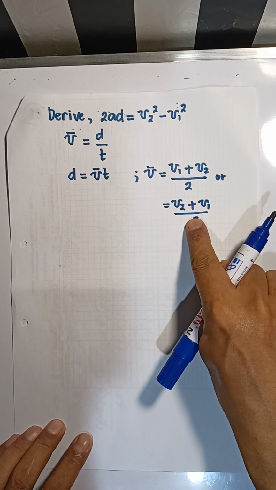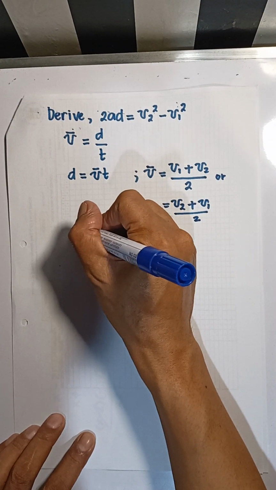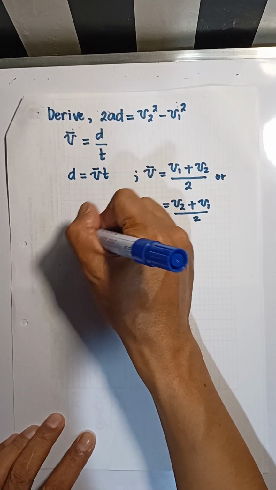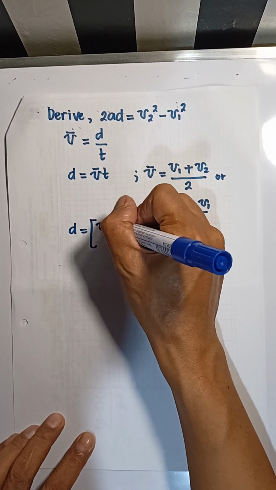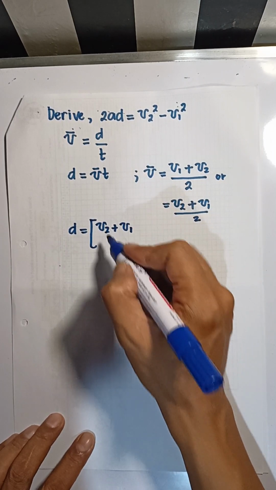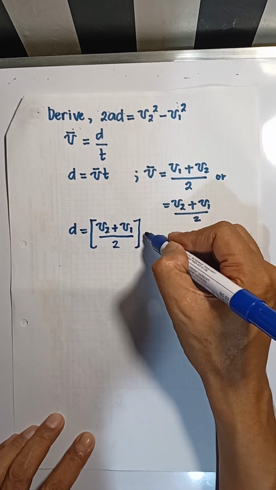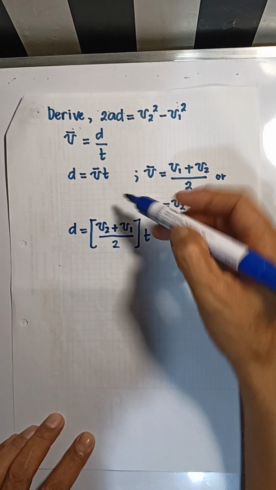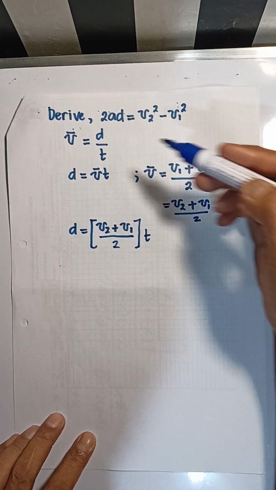Substituting this equation to your v here, then we will get d equals v2 plus v1 all over 2 times the time. So this part is your velocity.